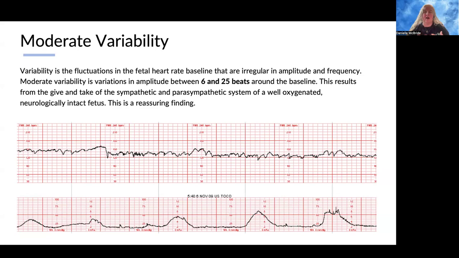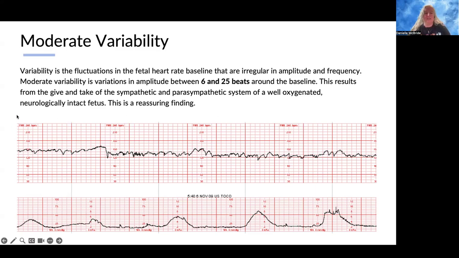These are caused by the give and take of the sympathetic and the parasympathetic nervous system in a well-oxygenated, neurologically intact fetus. So if we have these variations between 6 and 25 beats around the baseline, this is considered a reassuring finding. So let's look at an example.